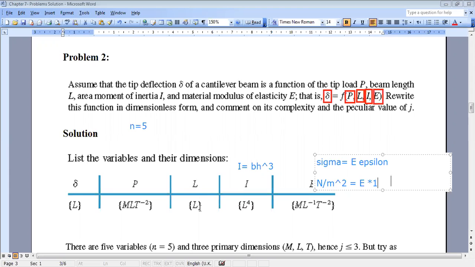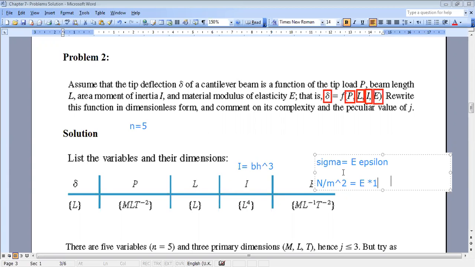L is a length, the dimension is L. Now for any variable that you don't remember the dimension, try to find a formula including the variable to find its dimension again. For inertia, for example, we have seen area moment of inertia together in chapter 2. For a rectangle, it's BH cubed, and B is a length and H is a length. So the unit of I will be L to the power 4.